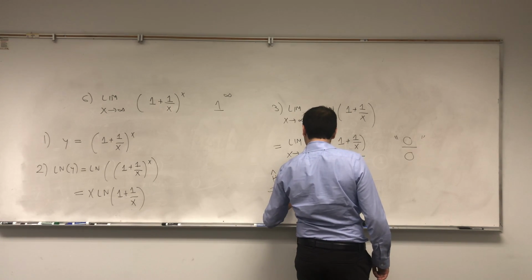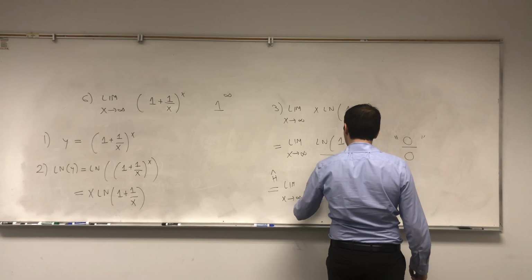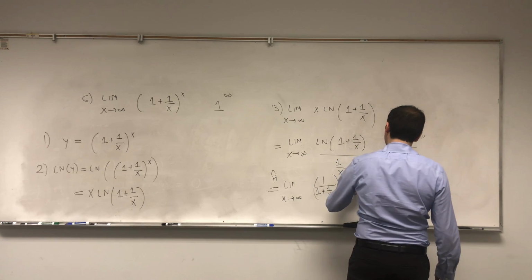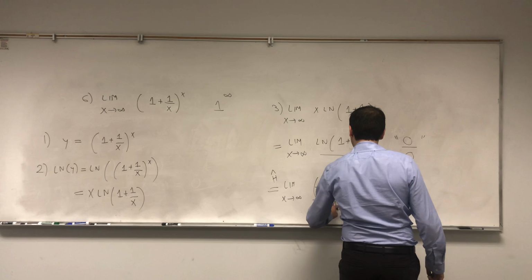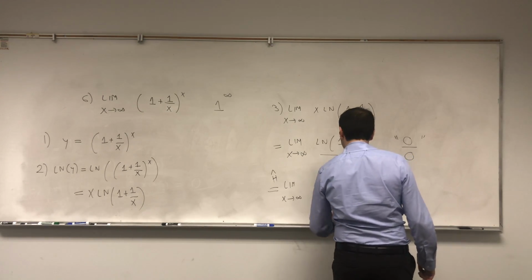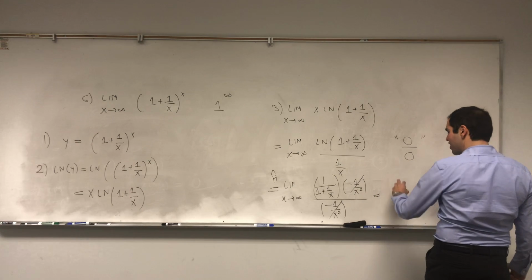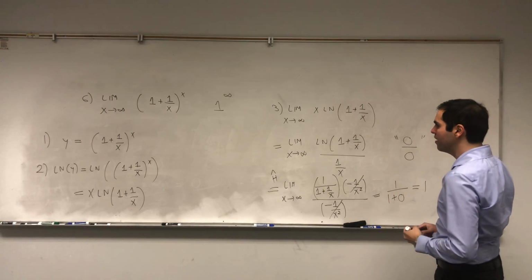So it's the limit as x goes to infinity of 1 over 1 plus 1 over x, times minus 1 over x squared, over minus 1 over x squared. Lo and behold, this cancels out, and you're left with 1 over 1 plus 0, which is 1.